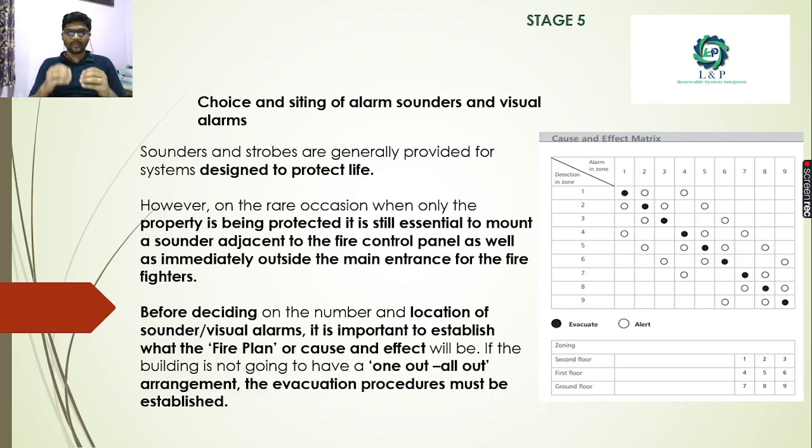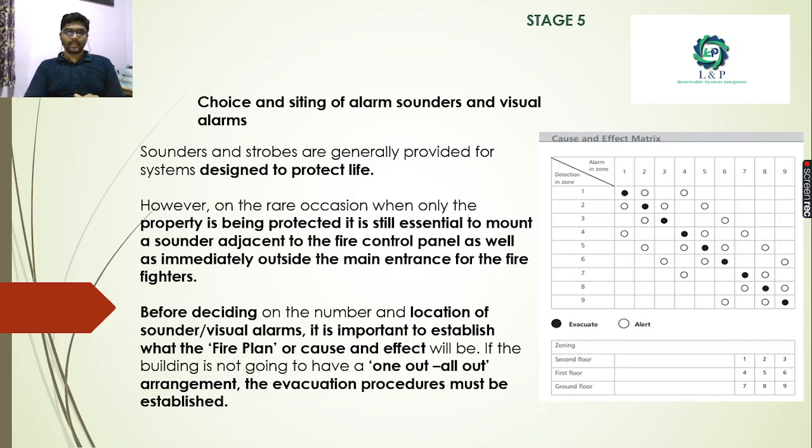These are designed to protect life. Sensors have two purposes: they will detect, but this is the one which is going to protect life. So where can we locate it? In certain places, adjacent to the fire control panel, we can locate it.